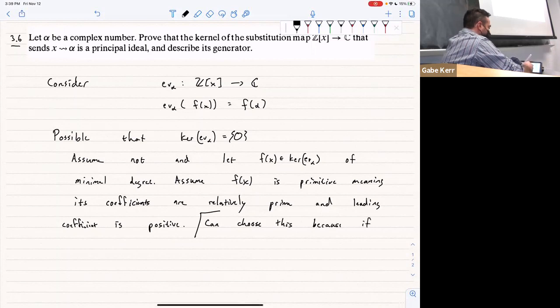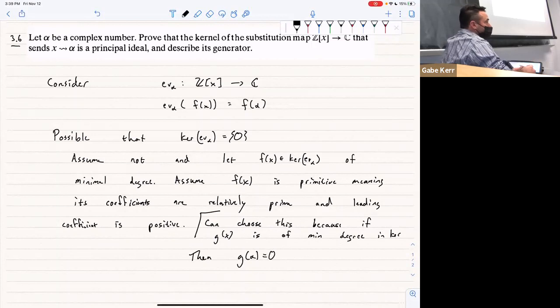If g of x is in the kernel, what does it mean? Then it means that g of alpha equals 0, right? Being in the kernel means g of alpha equals 0.